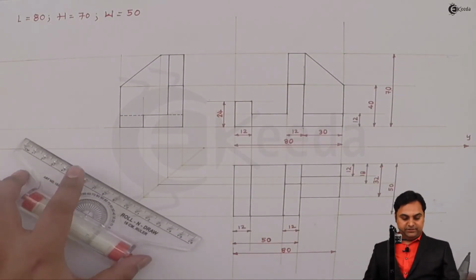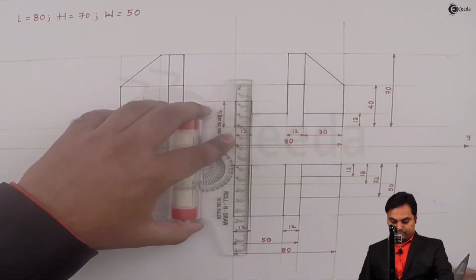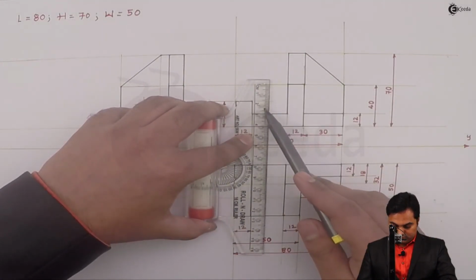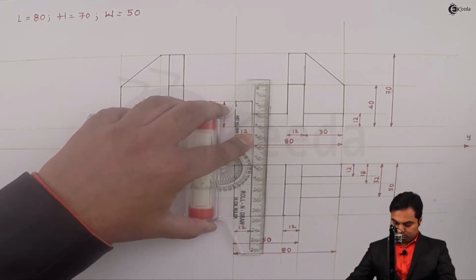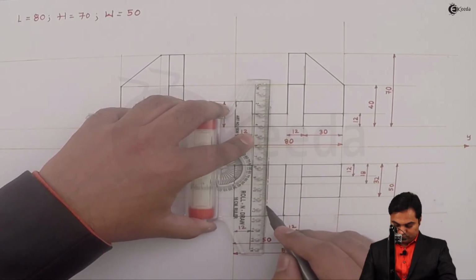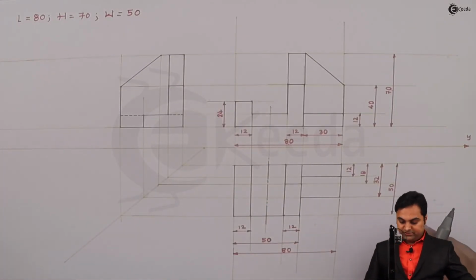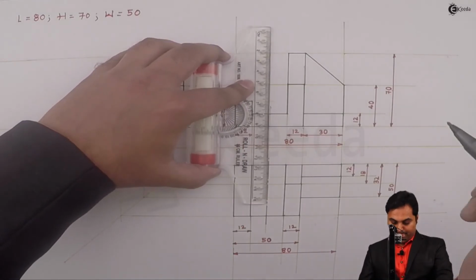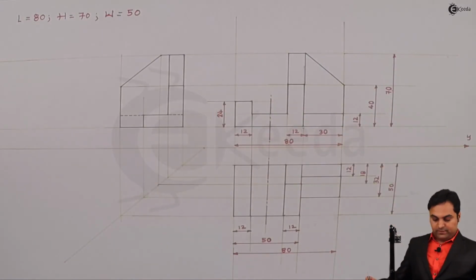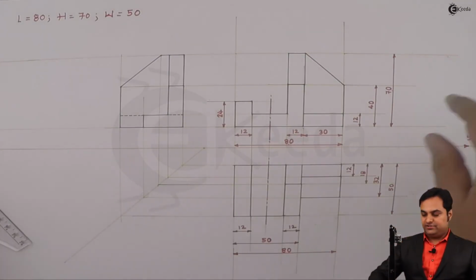Here I'm marking the center of this portion. So here I have marked the center of this portion and even in the front view. Next, I'll give the dimensions in the side view.